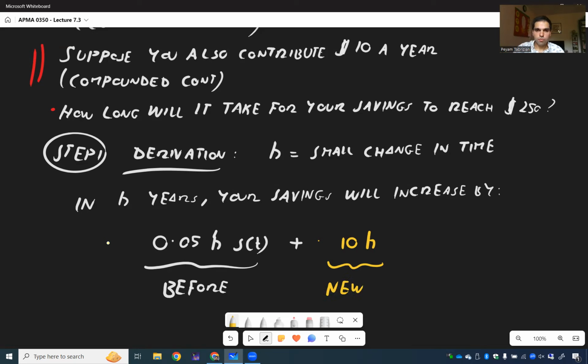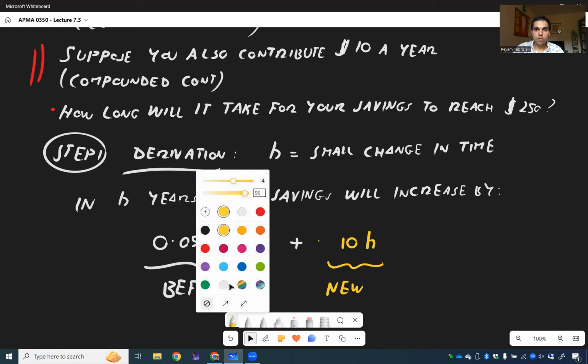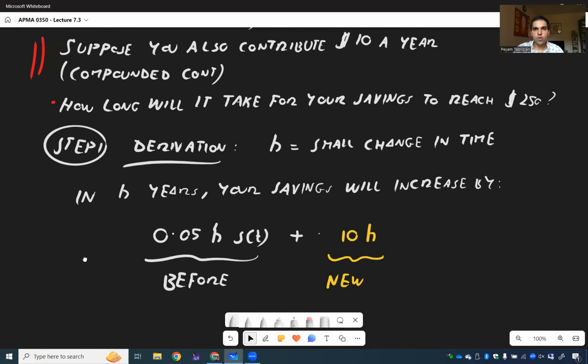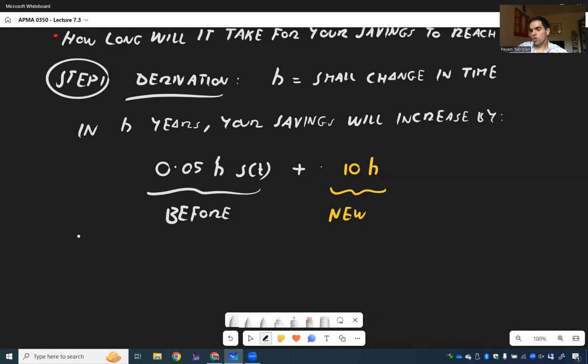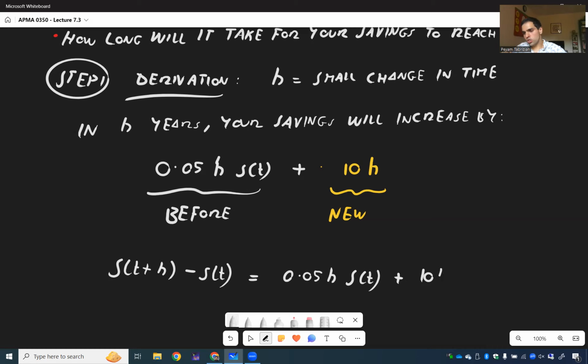So the only change to our equation is we still have s of t plus h minus s of t equals 0.05 h s of t plus 10h.